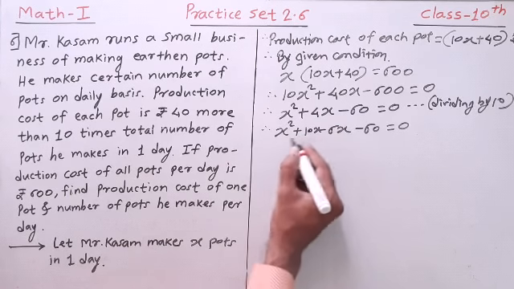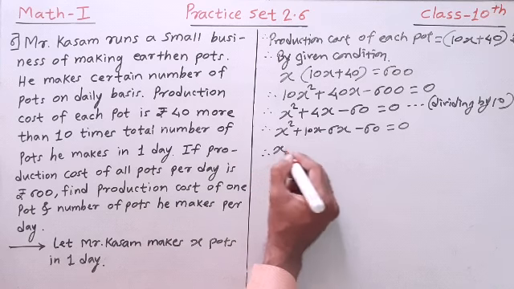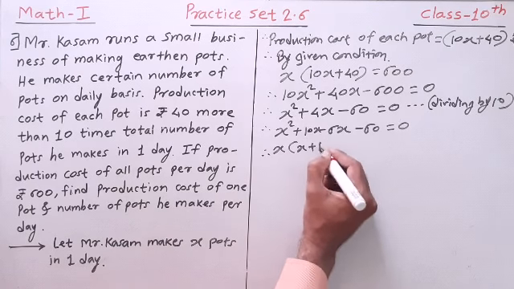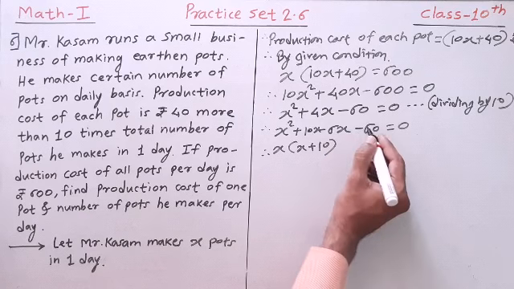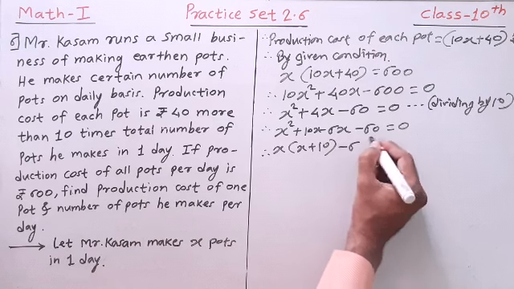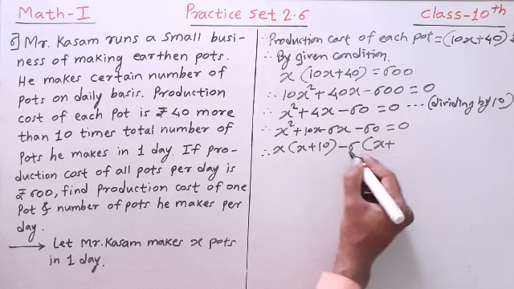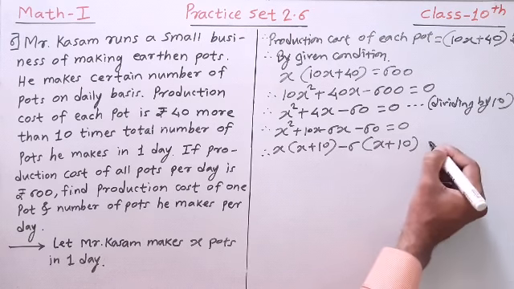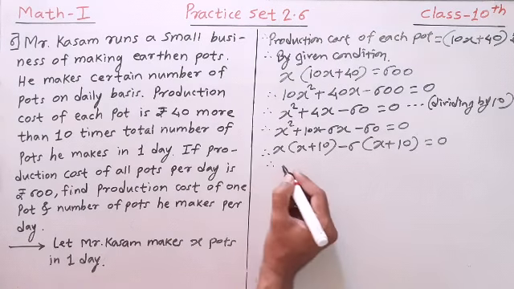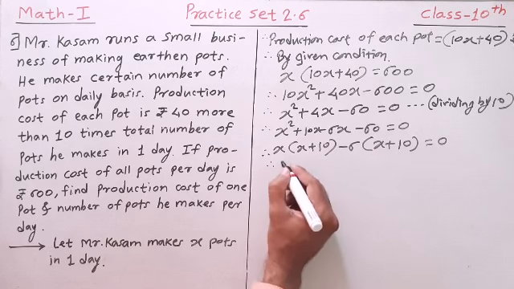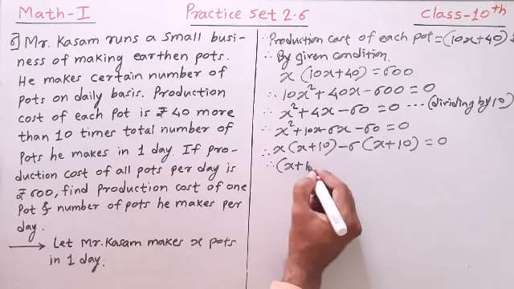From the first group, if we take x common, we get x in bracket x plus 10. From here we can take minus 6 common. Inside the bracket will be x plus 6 tens are 60, equal to 0. Now here again x plus 10 can be taken as common, x plus 10.